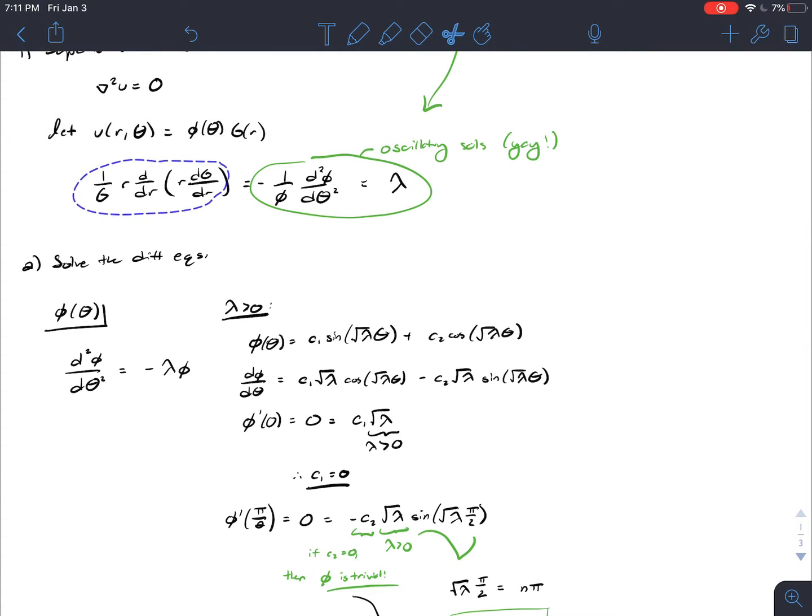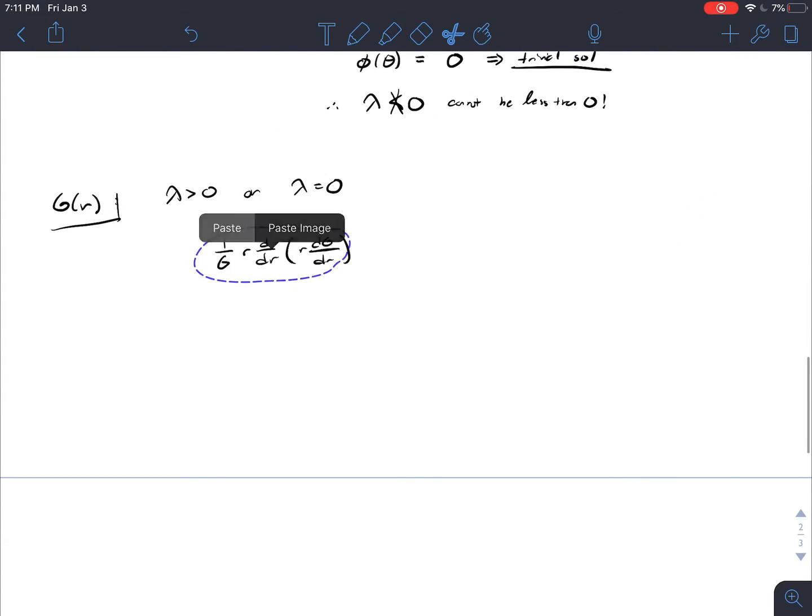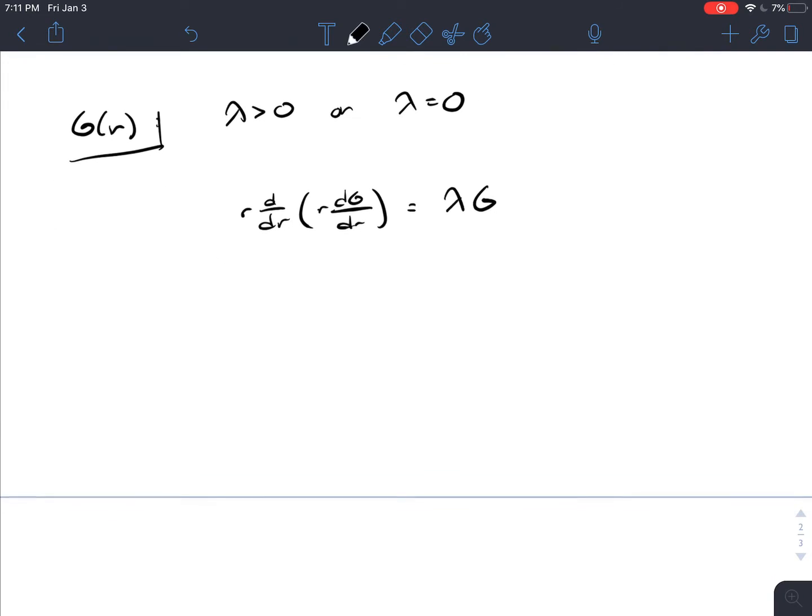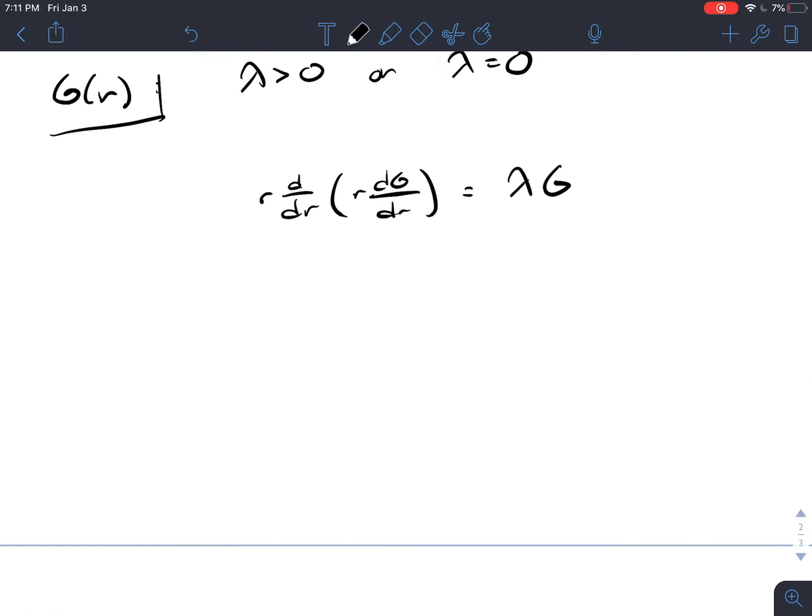So this diffie-q right here, let's just copy and paste this down to make this easy, is equal to lambda g. Okay, let's expand this left-hand side. If we're taking the derivative of two things multiplied by each other, we have to do the chain rule.